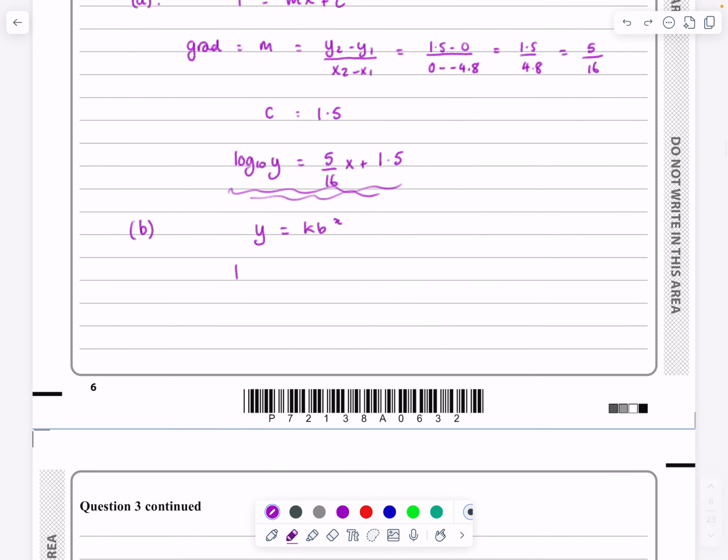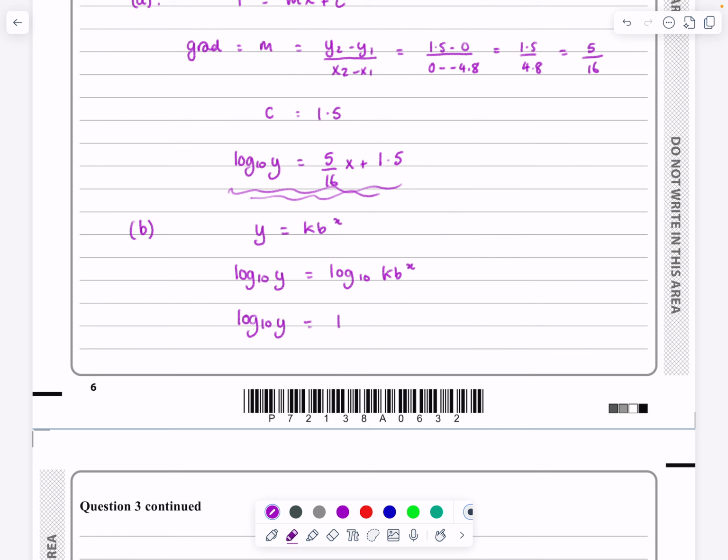So I'm going to say log to the base 10 of y would be log to the base 10 of kb to the x. And so now it's this side, and I'm going to say, remembering that log of ab is log of a plus log of b, I'm going to use that idea. That's going to give me nothing on the left hand side. We'll just leave that as it is, log 10y.